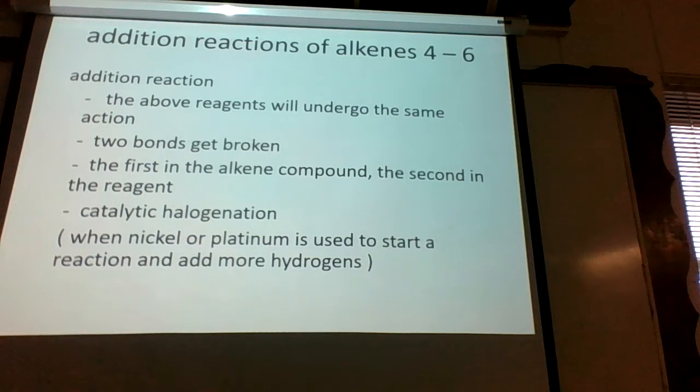Now, when it comes to these reactions, we notice we got addition of alkenes. Do those have to have a catalyst? Yes or no? You got a 50-50 chance. Those are pretty good odds, really.